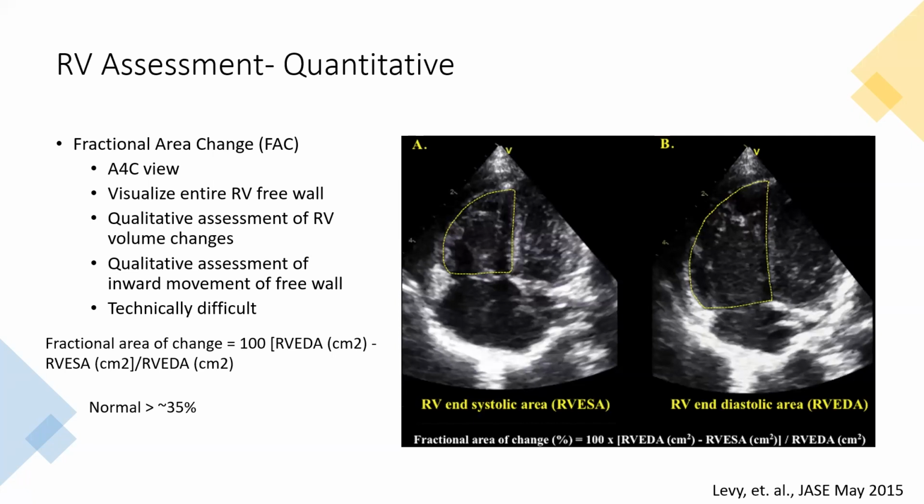Take the difference between those and then divide by the right ventricular end diastolic area. Accepted normal RV fractional area of change is about 35%. Greater than 35% is normal. Again, this is not something I use frequently, but it is nice to know, and it makes sense why that would be a reasonable assessment of systolic function.